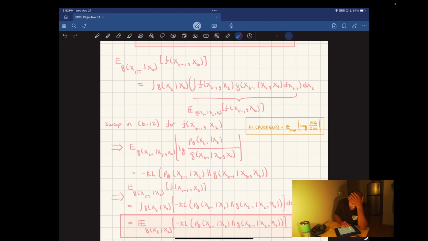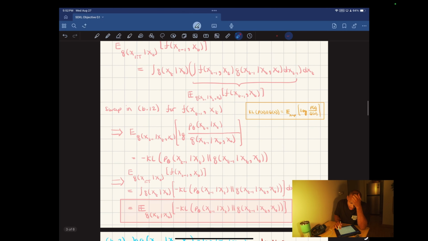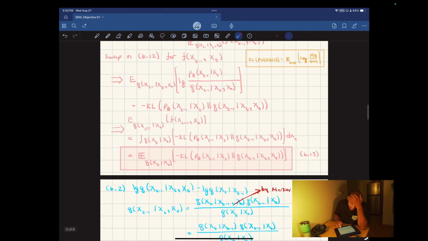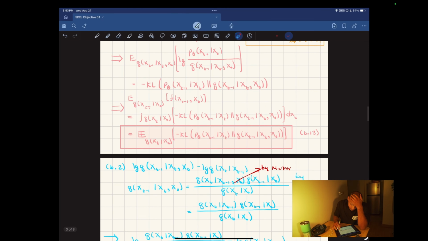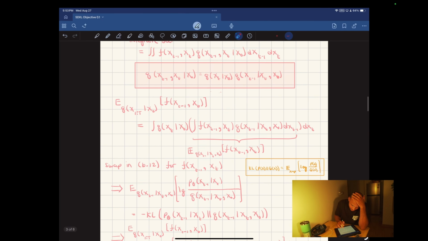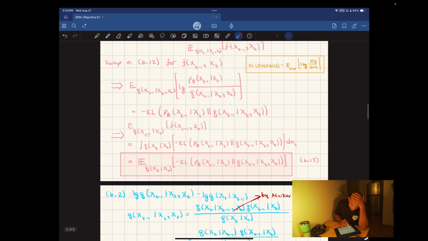But it's still inside of this integral, which we know is an expectation weighted by this. So this entire thing is the expectation under this Q of the negative KL divergence, right? We started with this right here, and we're trying to break it down, and it's equal to this.